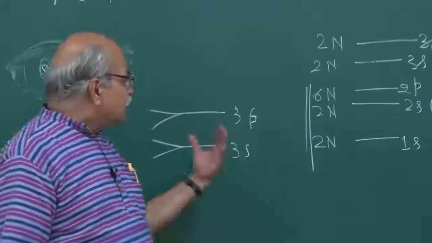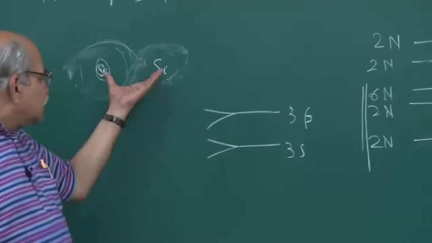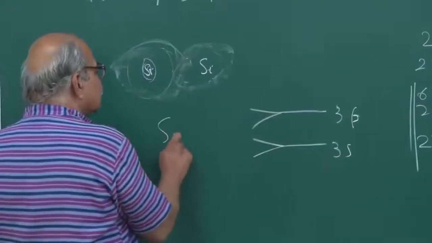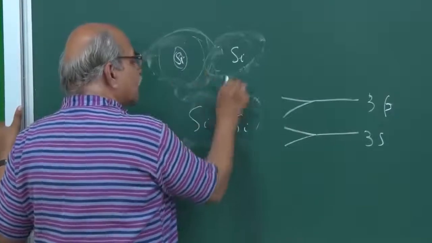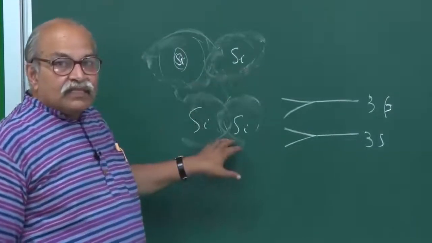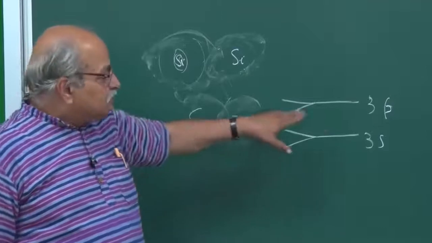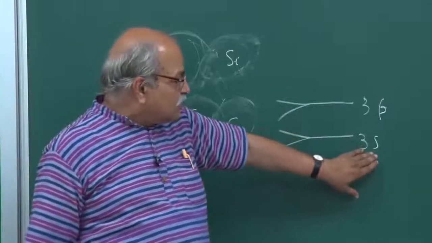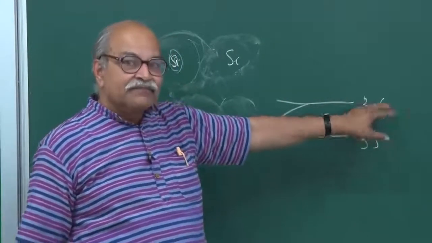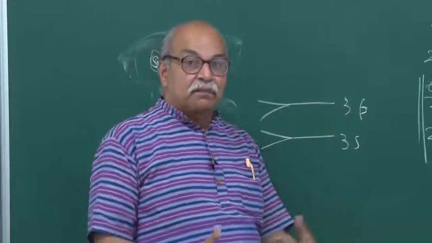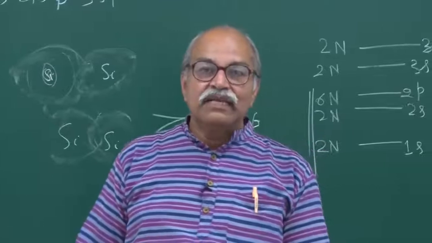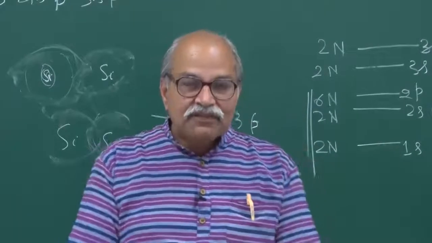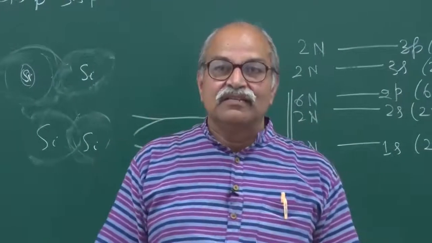But when several silicon atoms come close and their electron clouds start overlapping, then these S quantum states and P quantum states get mixed up. So you construct linear combinations of these S wave functions and P wave functions.